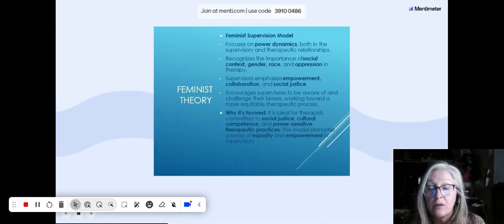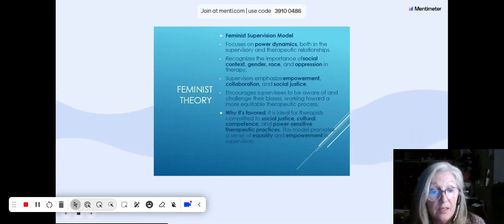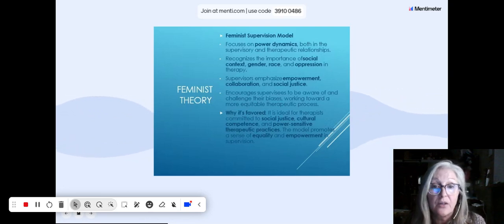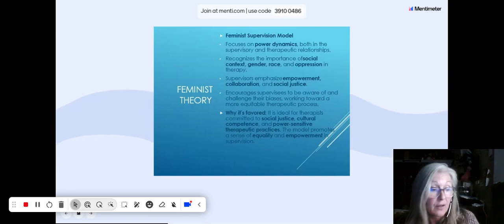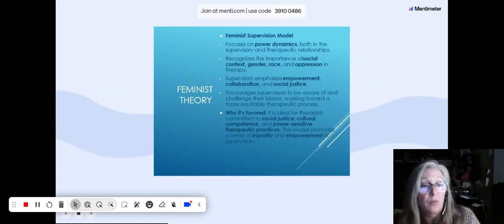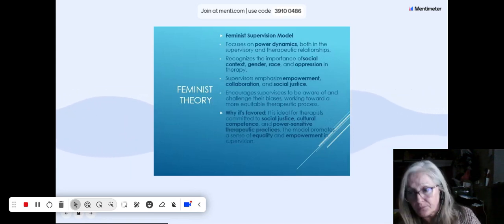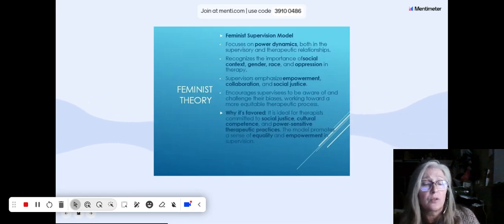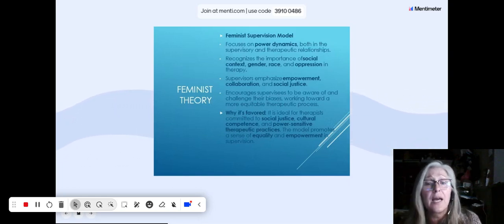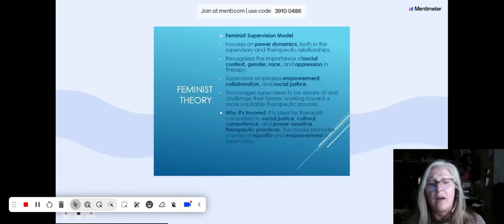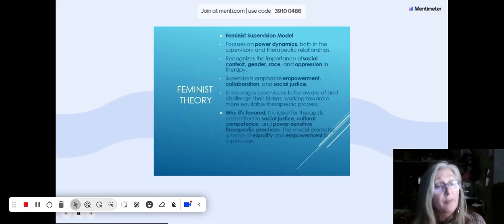And power focuses a lot on advocacy and social justice, because the underlying aspect of this theory is basically that we are all, as humans, political, in the sense that the way that we're impacted is because of where we are and when we are, in the sense of what are we experiencing in the world around us, societal, cultural, close to home and far away. How does that impact how much anxiety we have, how we feel about ourselves?